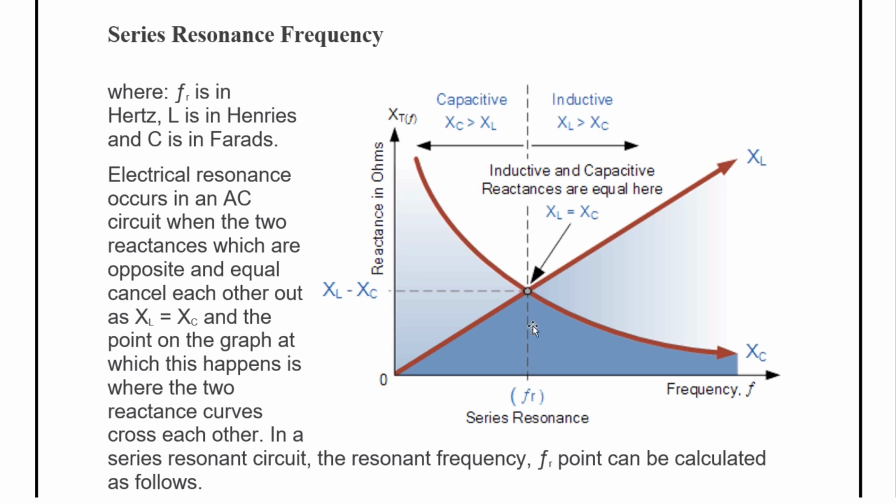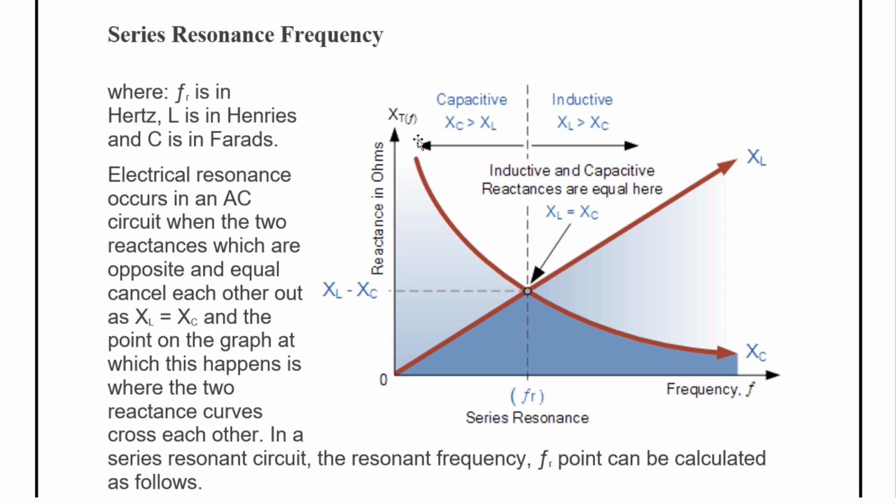Now, this happens at a particular frequency that is called the resonant frequency, and it is represented by FR. Now, it is a very interesting point. Towards the left of this vertical straight line of the resonant frequency, the left side is the capacitive area.